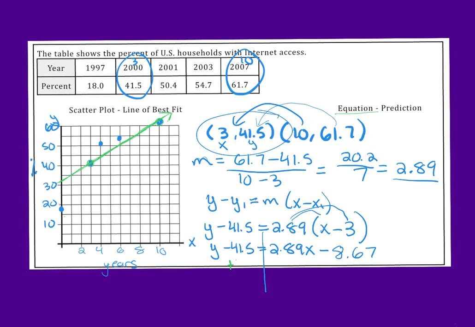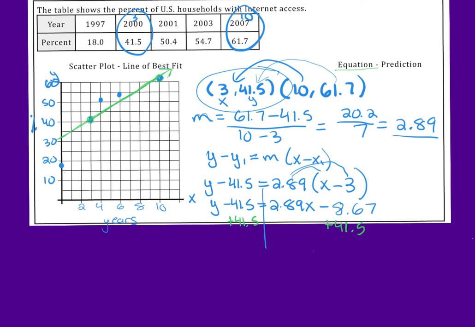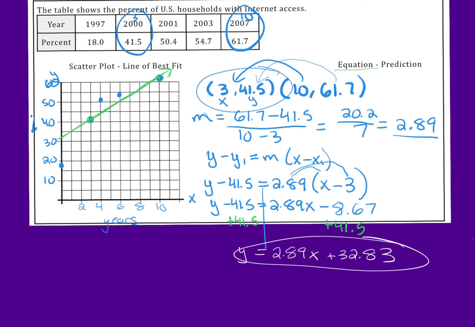And then if I add 41.5, I will get a final answer of y equals 2.89x plus 32.83. So this equation is estimating, it's describing how my values are changing. It's the equation of this line.